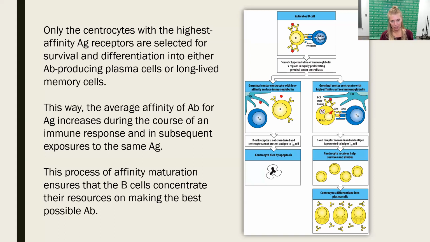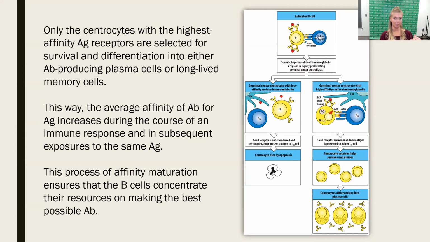So only those centrocytes that have gone through affinity maturation and have been selected for because they make the best antibody, the best affinity for antigen, are going to be selected for differentiation. They are going to be selected to make plasma cells. And that way, the best antibody is going to be out there.